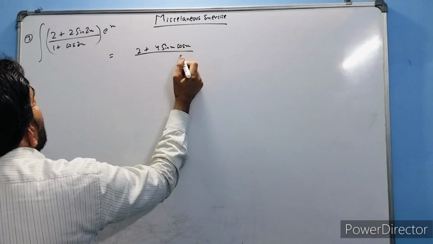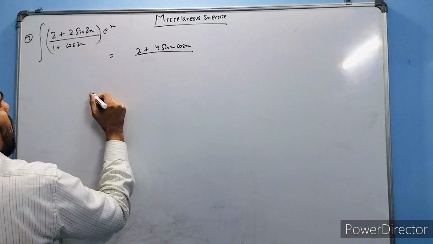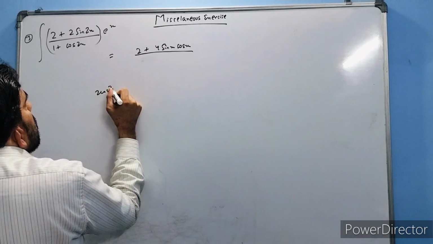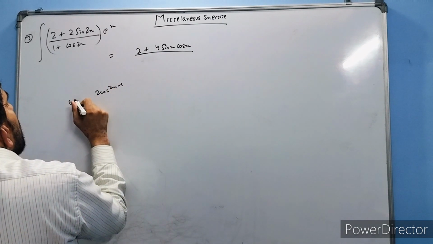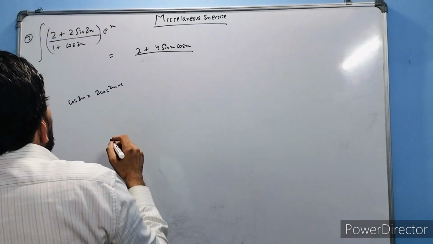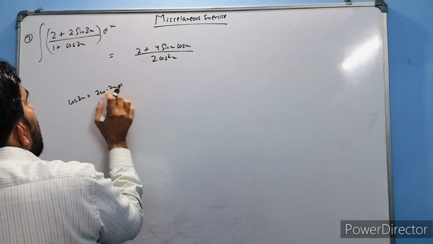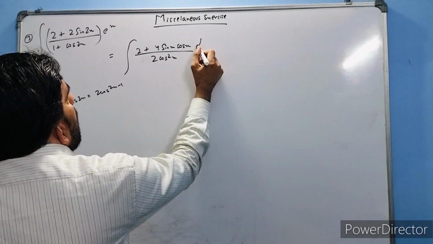Now here we can write 1 plus cos 2x as 2 cos square x, because 2 cos square x minus 1 is the cos 2x identity we have, so we'll apply that, that is 2 cos square x, we will write. Okay, so we have this.